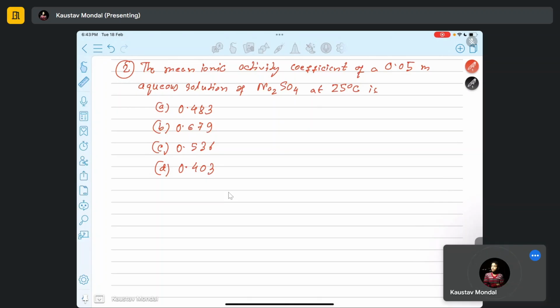Okay. So now from here you have to basically find out the ionic activity coefficient.